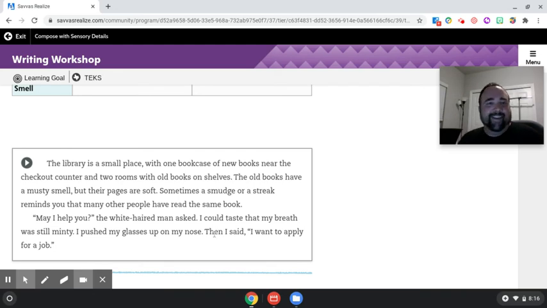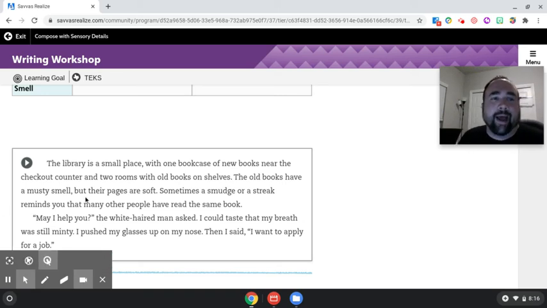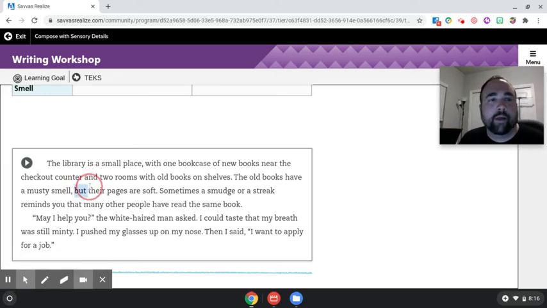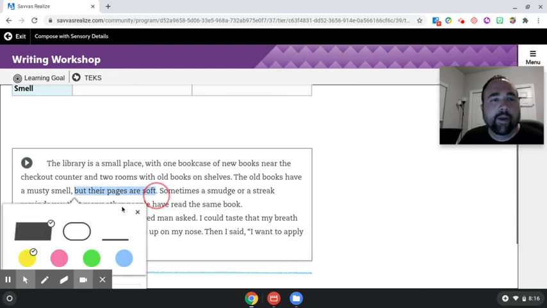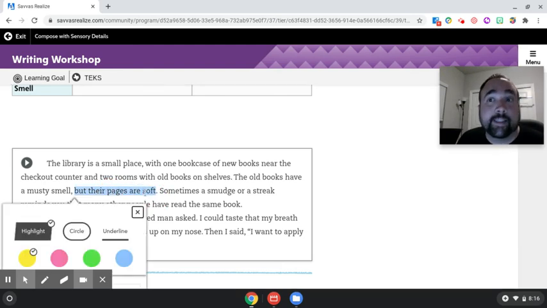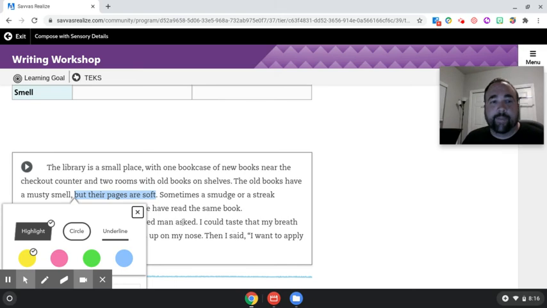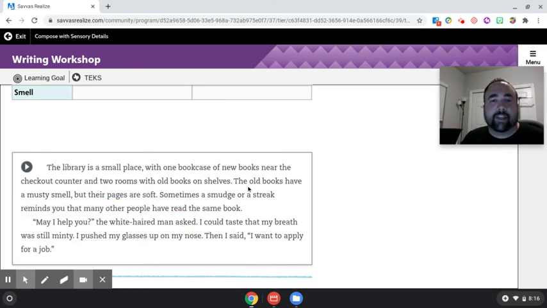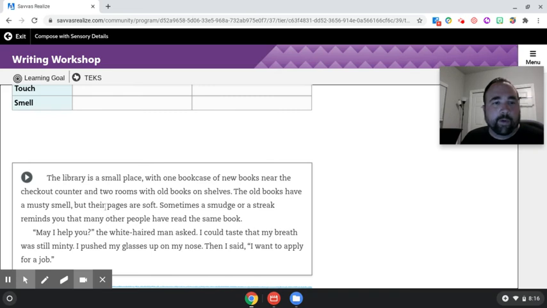All right. Did you see more? You did? That's awesome. But the one I'm going to point out is right here: but their pages are soft. Okay? So, we're talking about the old books, right? But we also said that their pages are soft.